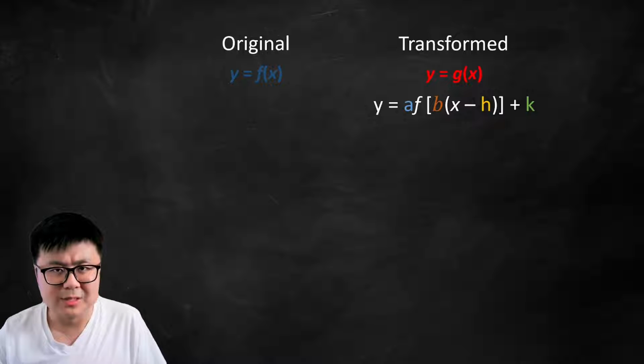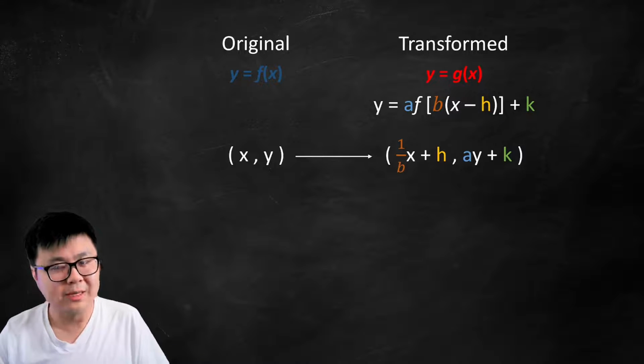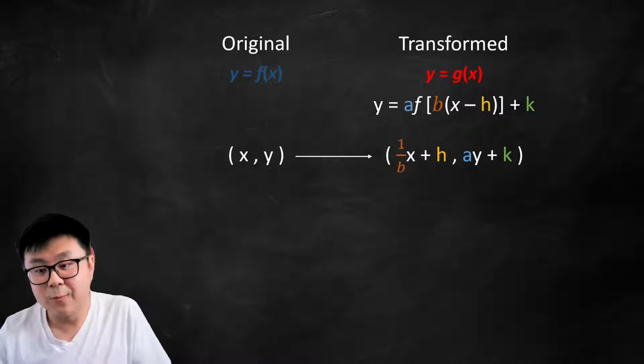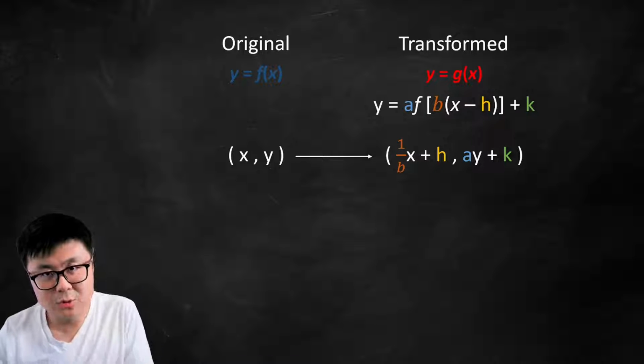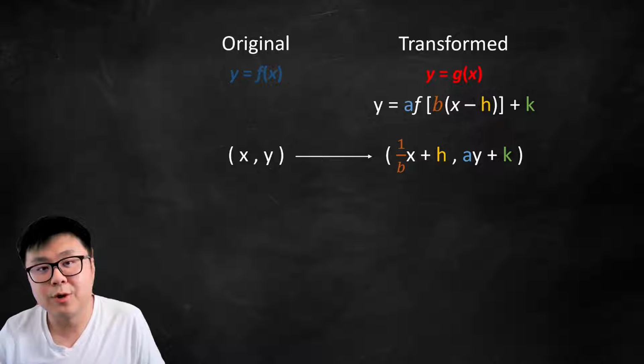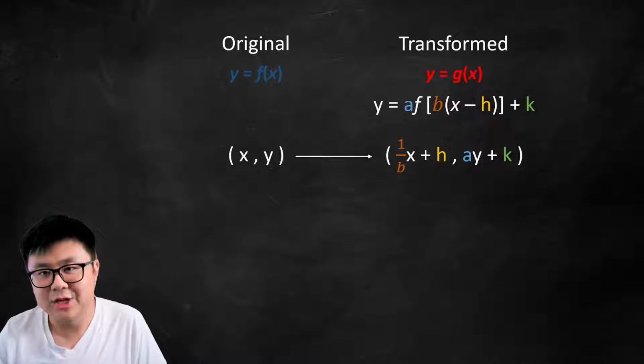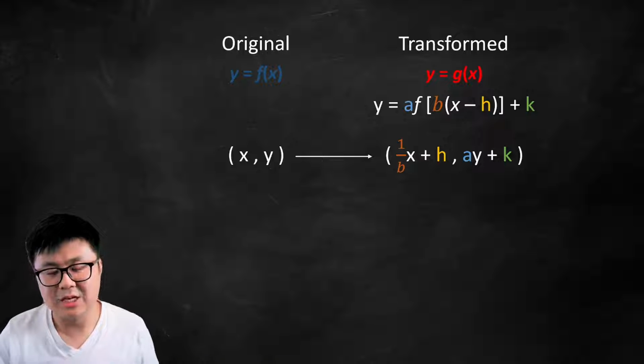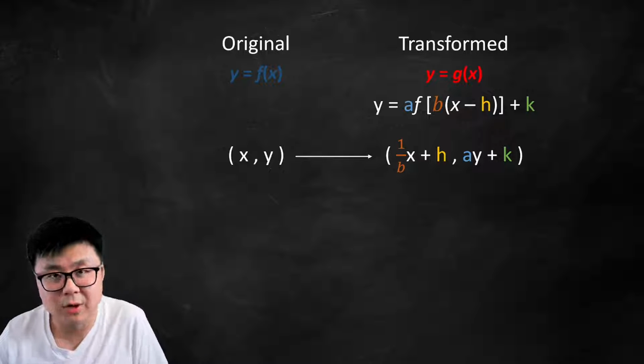So we have to do some work with the points that we have. We know, again, that all points on my original function will become the new points on the newly transformed function if we apply our a, b, h, k's to the x and y coordinates. But we don't know what these a, b, h, k's are right now, so we have to do some detective work to figure it out.